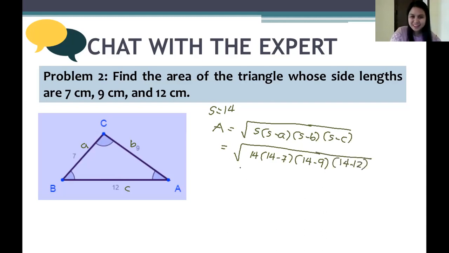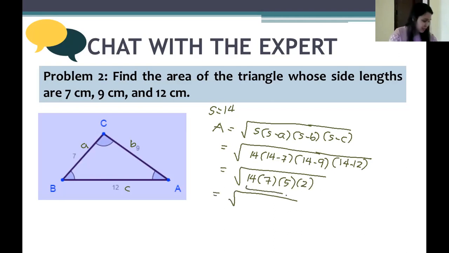Okay, let's start now. We have 14 times 7 times 5 times 2. If you multiply this 4, your answer will be 980. And 980 can be written as 196 times 5.